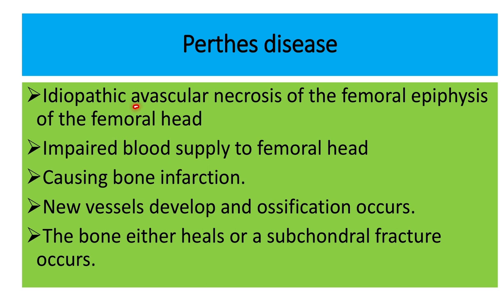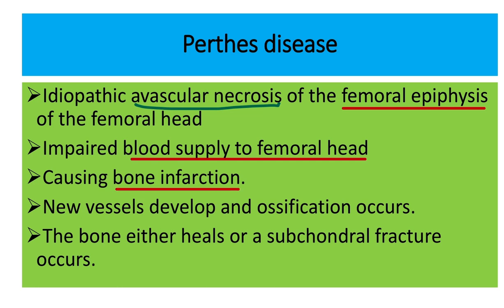It is the avascular necrosis of the femoral epiphysis, of the femoral head, and it impairs the blood supply of the femoral head. So necrosis of the femoral head occurs, causing bone infarction, as there is loss of the blood supply.